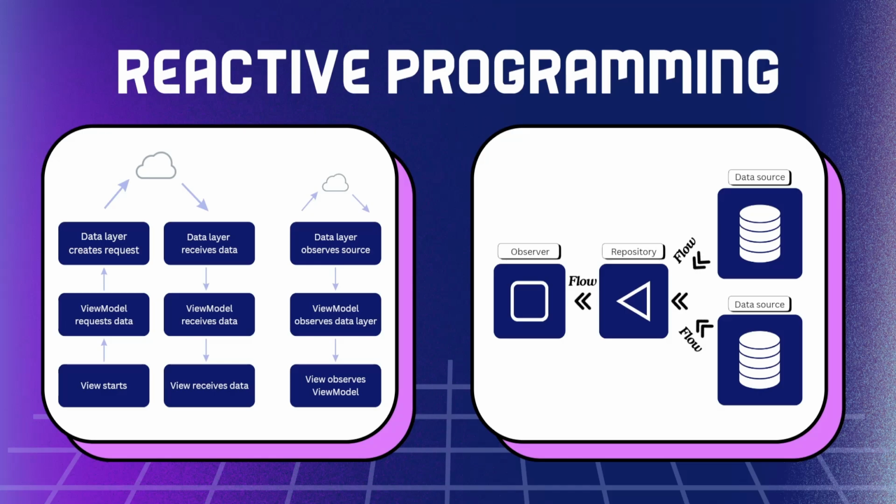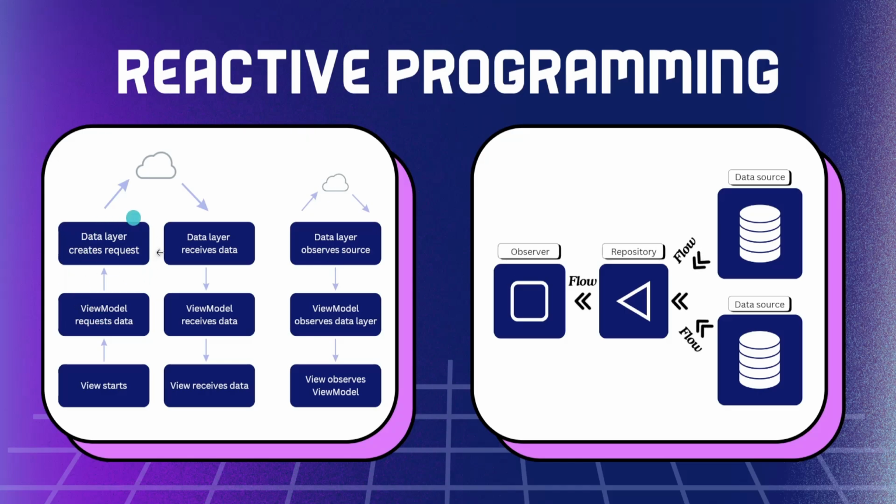The style focuses on how to perform tasks and often involves direct manipulation of state and control flow, typically using loops and conditional statements. In contrast, reactive programming emphasizes responding to changes in data and events, often allowing the system to handle asynchronous operations and data flows more naturally.